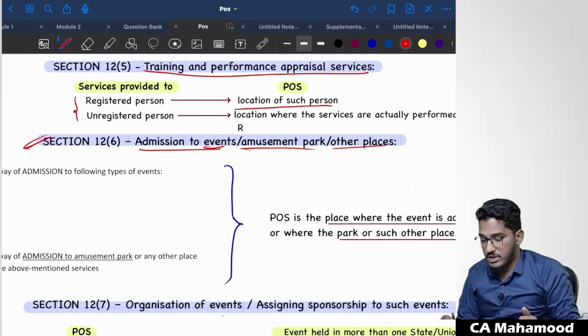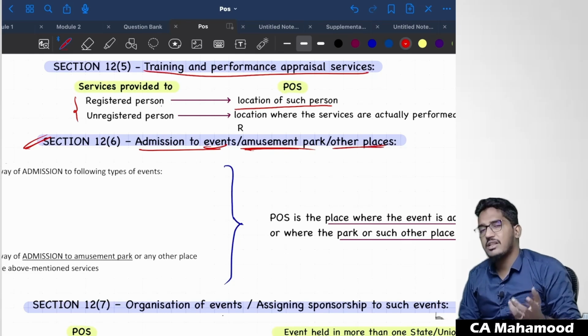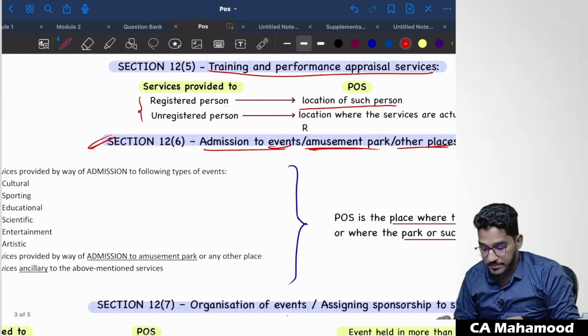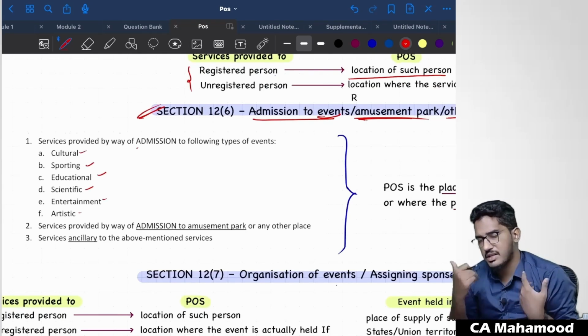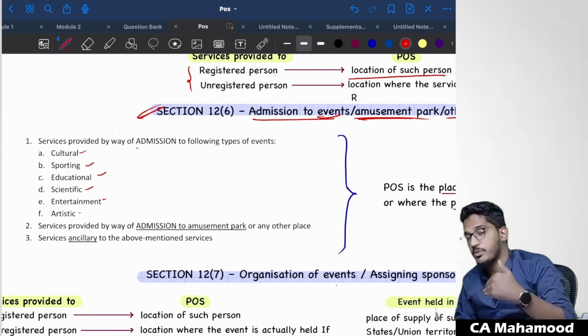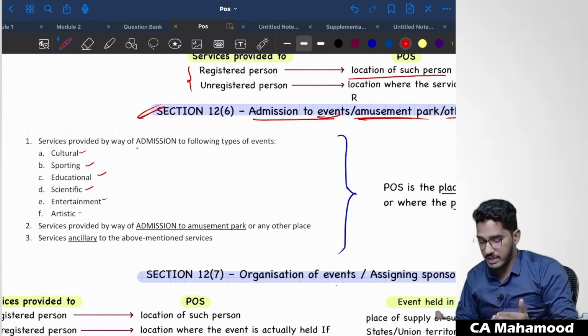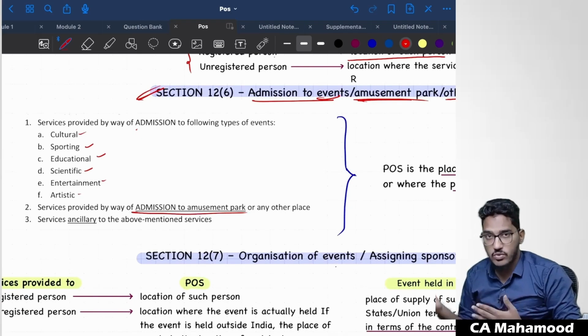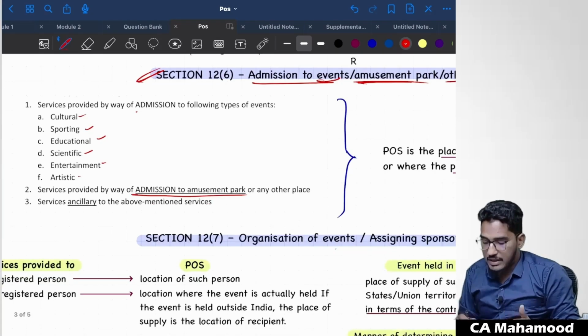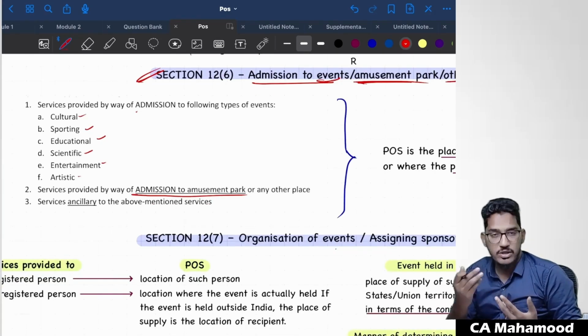So in case of admission to events, amusement parks, or any other places, what will be the place of supply? Let us see what they are telling. Services provided by way of admission to cultural, sporting, educational, scientific, entertainment, artistic events, or services provided by way of admission to an amusement park, or any other ancillary services for the above.